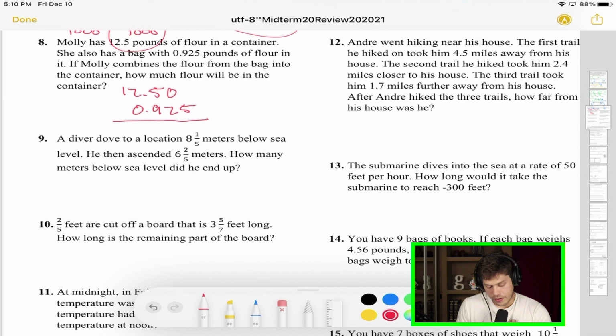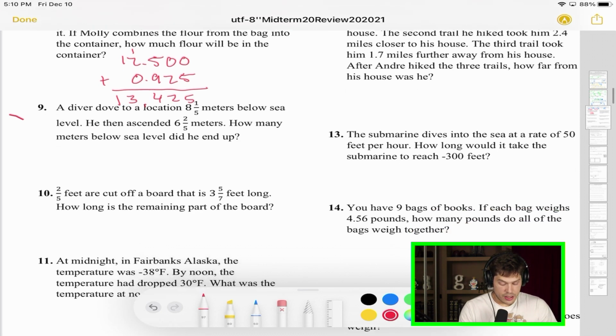Just line up your decimals, okay? That's the key. Don't make careless mistakes. So she has 13.0, or I'm sorry, no, that's right. She has 13.425 pounds.